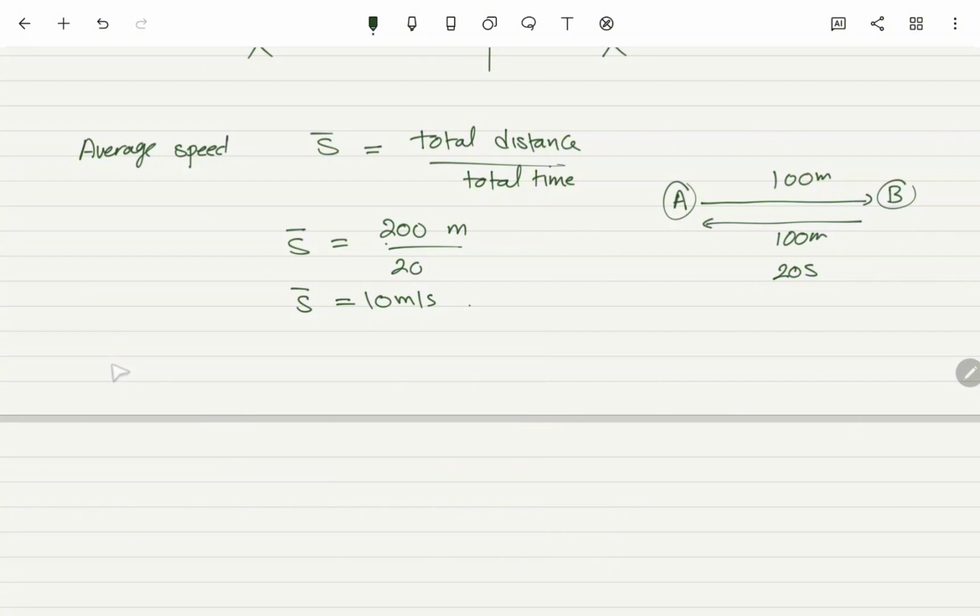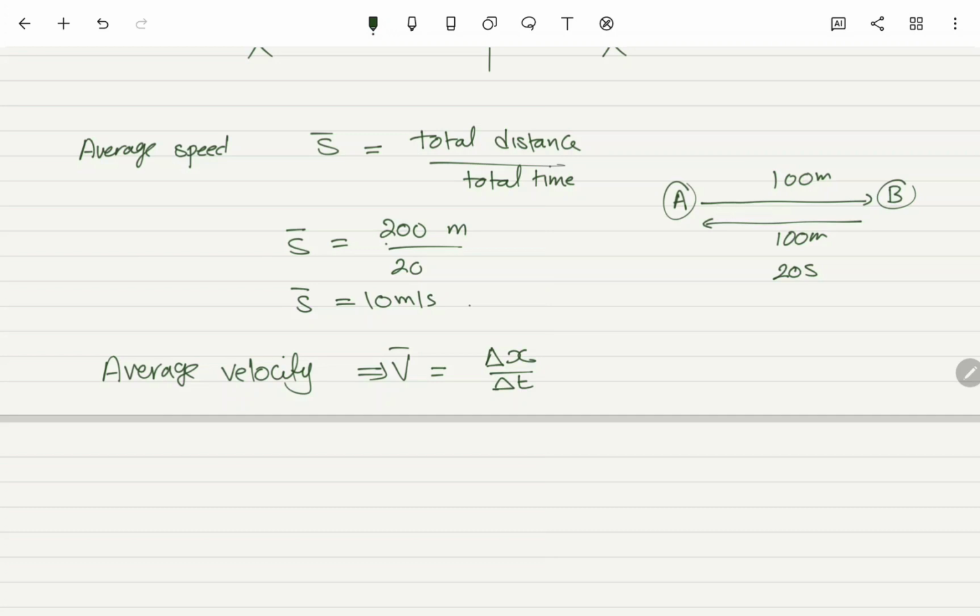Now let's define the average velocity. Average velocity is defined as the rate of change of displacement, so delta x over delta t.